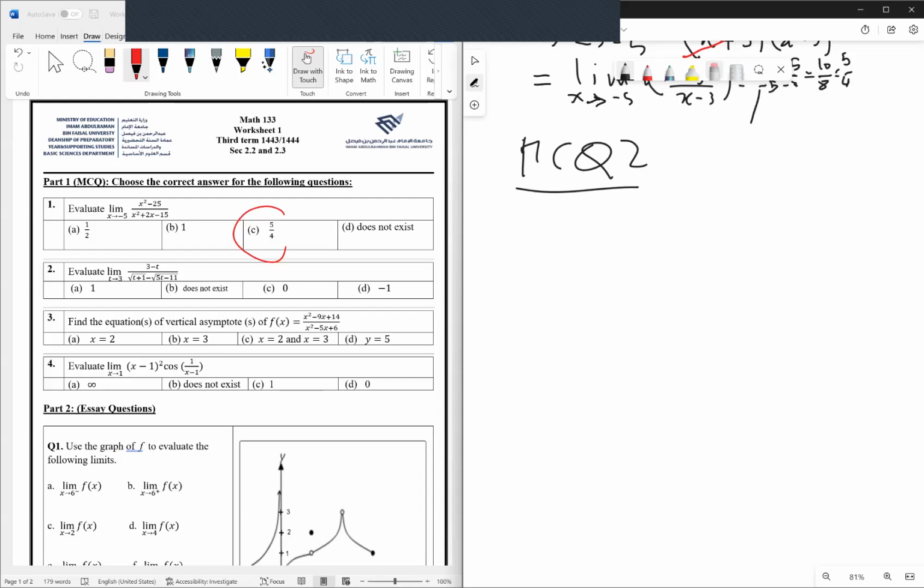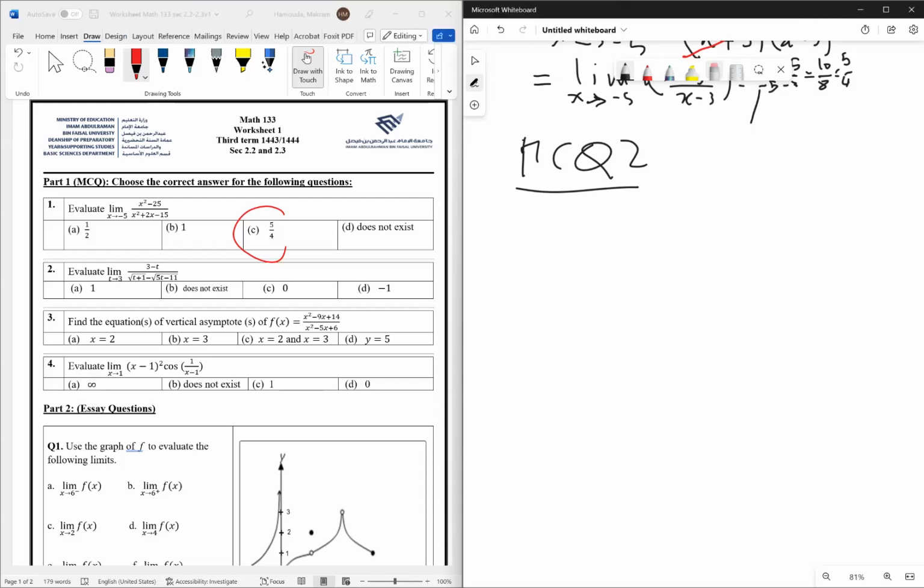MCQ number 2 is computing the limit when t approaches 3 of the function 3 minus t over root t plus 1 minus root 5t minus 11.